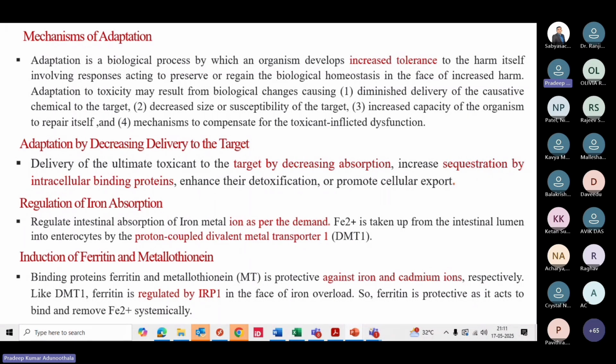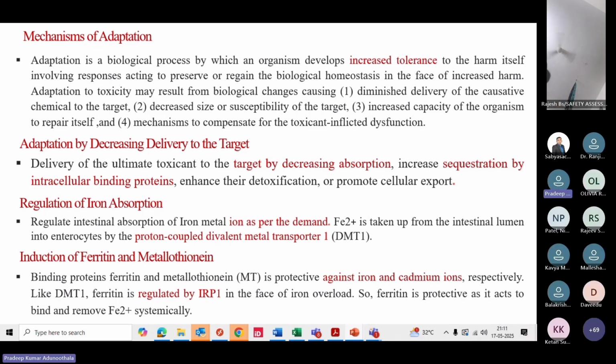That involves the responses of acting to preserve or regain the biological homeostasis in the phase of increased harm. So this adaptation to toxicity may result in different biological changes that cause diminished delivery of the causative chemical to the target, decrease the size or susceptibility of the target, and increase the capacity of the organism to repair itself.